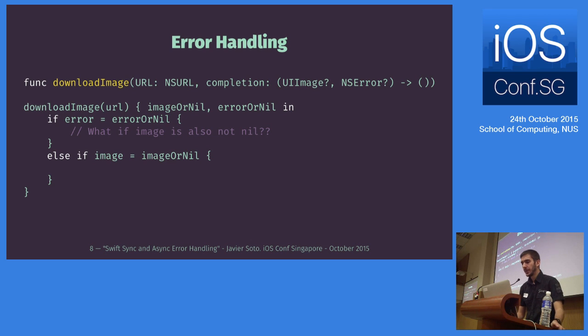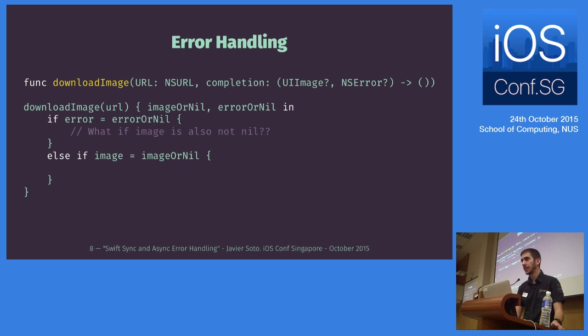Checking the error first in that completion block, while not entirely incorrect, definitely compiles. It's sort of an anti-pattern in Cocoa, at least when using synchronous APIs. And thanks to Swift 2 and the new try-catch mechanism, this is no longer a problem.